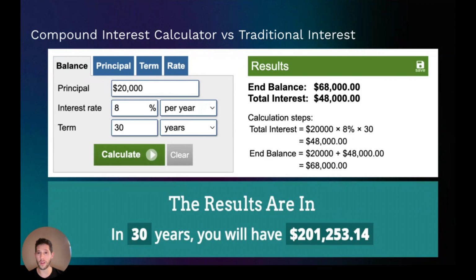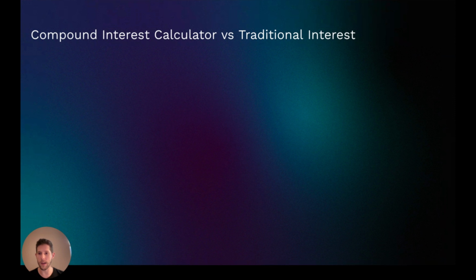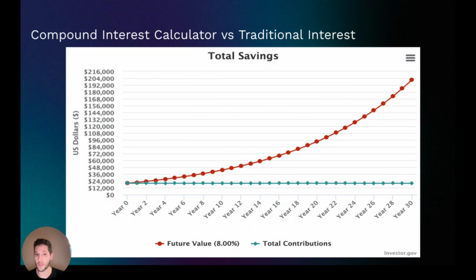So if we were to look at this on a graph here so you can really see what's happening. Remember, we have not, in either of these examples, put a single dollar into the account aside from that original $20,000 that we started with. That's why our contribution here is at $20,000 and hasn't moved at all. We haven't put any extra money in there.